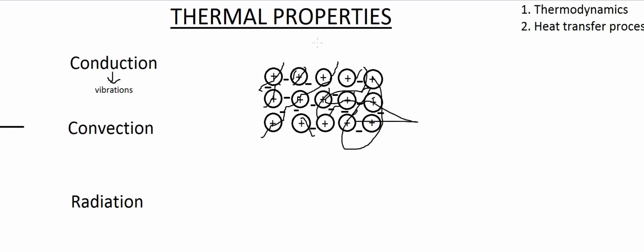On the other hand, let's say you have a giant covalent structure, like diamond, with a tetrahedral structure. I'm just going to draw it here.